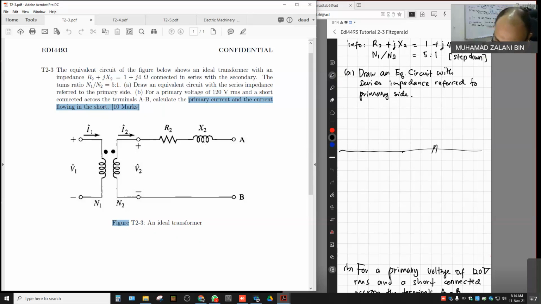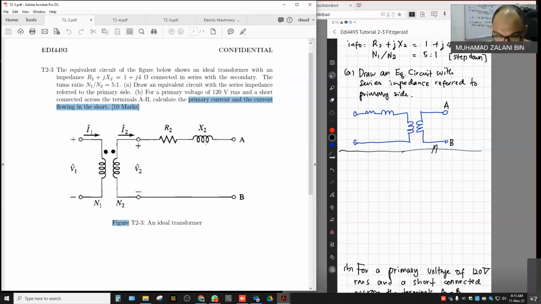So I'm going to draw the equivalent circuit that is already referred to the primary side. Okay, that is clear. And this is terminal A and terminal B, right?